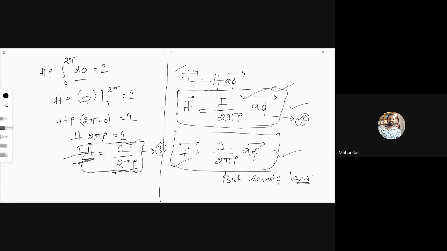That equation number 3 is where this magnitude of H is substituted. I hope it is clear to everyone. I have already sent the PDF related to this morning's class. All of you go through that, and if anybody has any doubts, we can ask here.